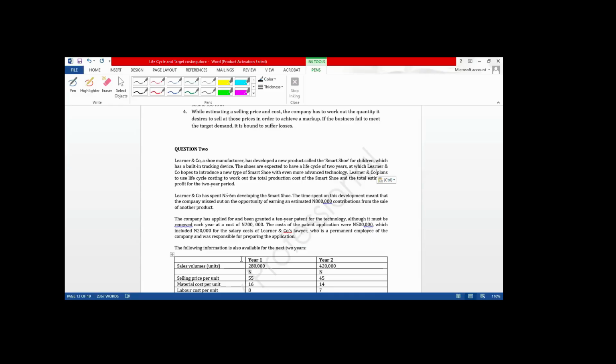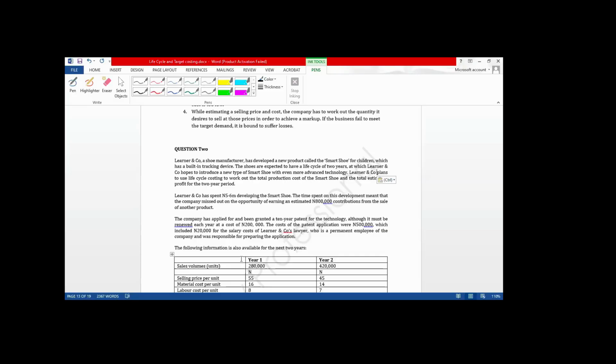The cost of the patent application was 500,000, which includes 20,000 naira for the salary cost of Learners and Co's lawyer, who is a permanent employee of the company and was responsible for preparing the application.